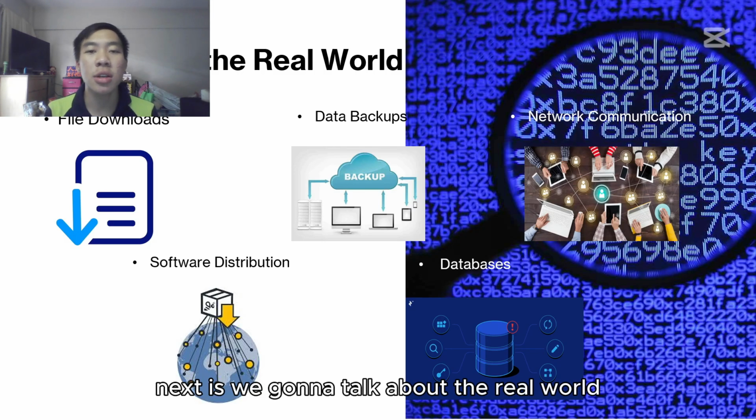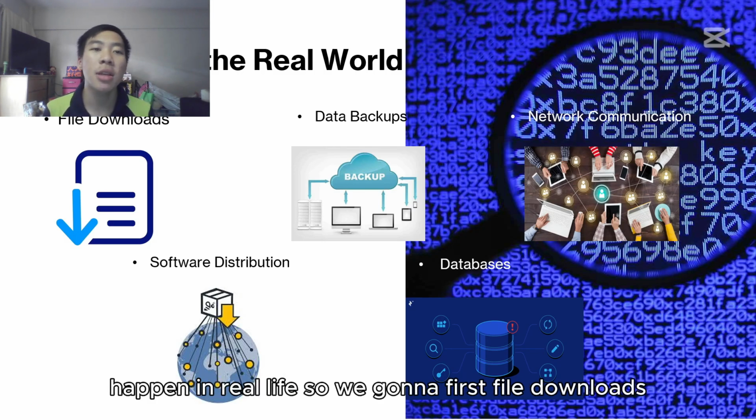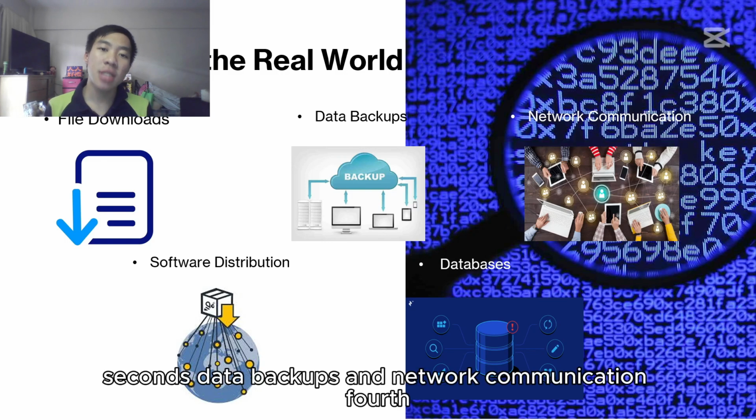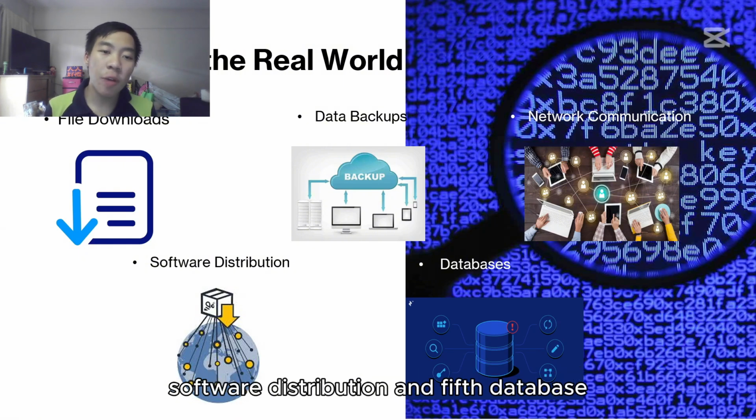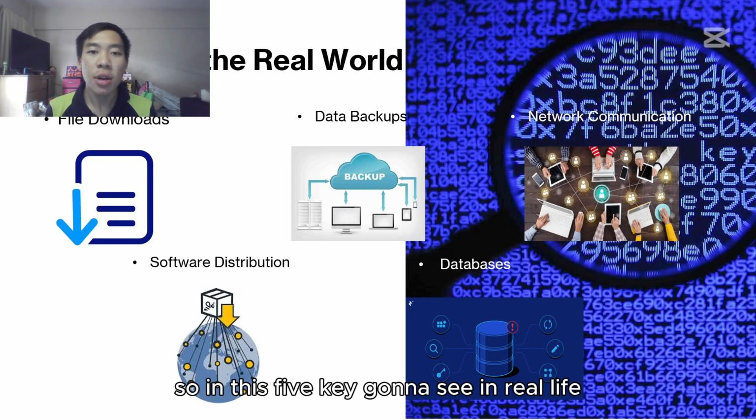Next, we're gonna talk about how this happens in real life. First, file downloads; second, data backups; third, network communication; fourth, software distribution; and fifth, databases.